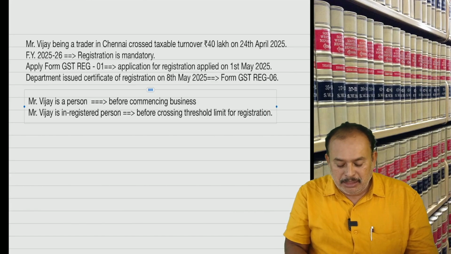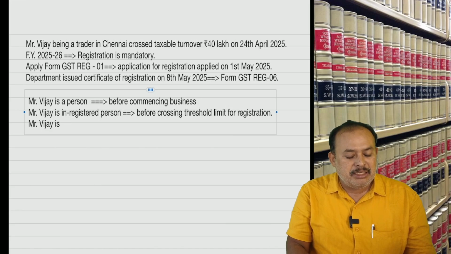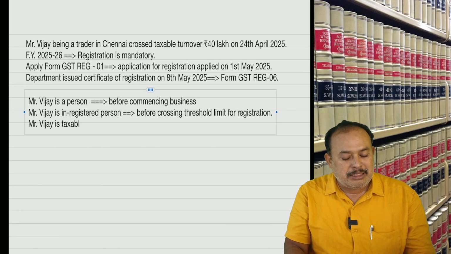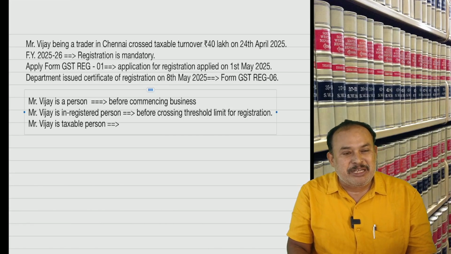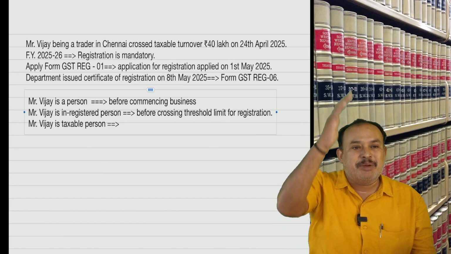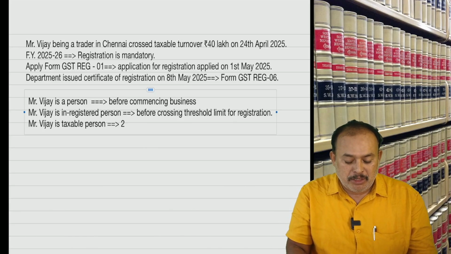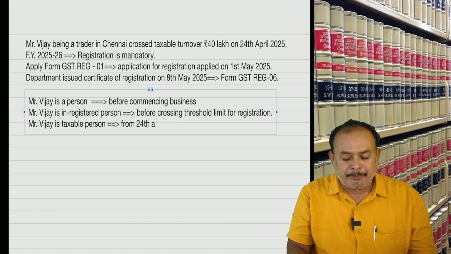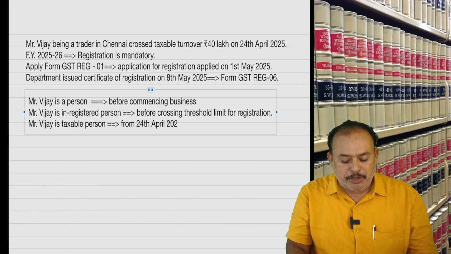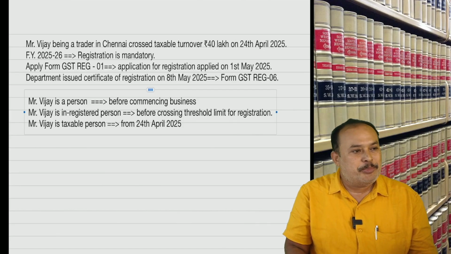Is that clear? Now, Mr. Vijay is a taxable person. From which date? The date on which he crossed the limit. When he crossed the limit, there should be registration. From 24th April 2025, he is called a taxable person.